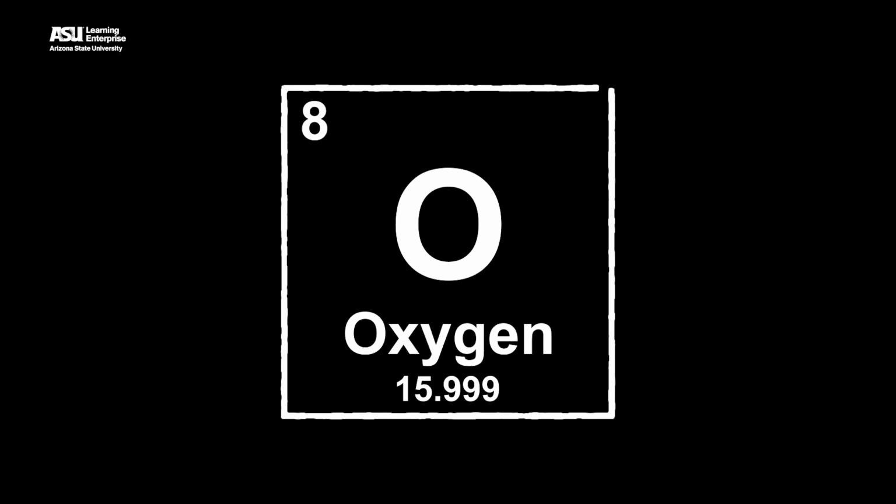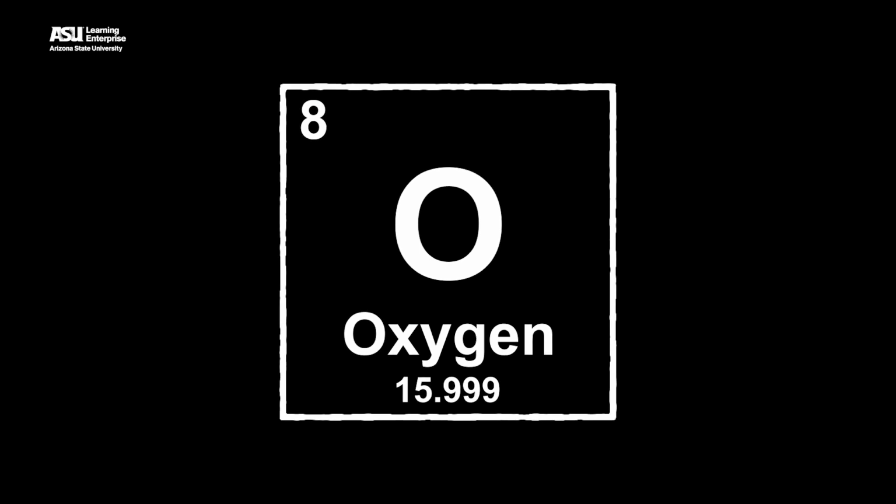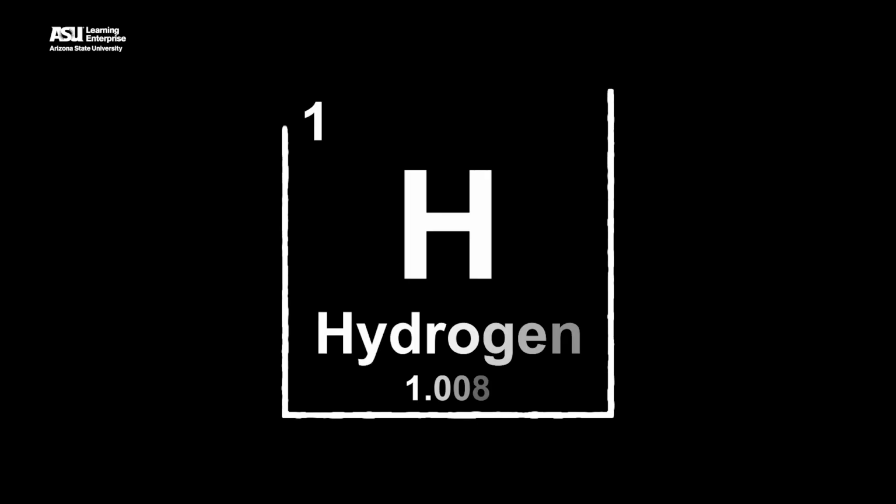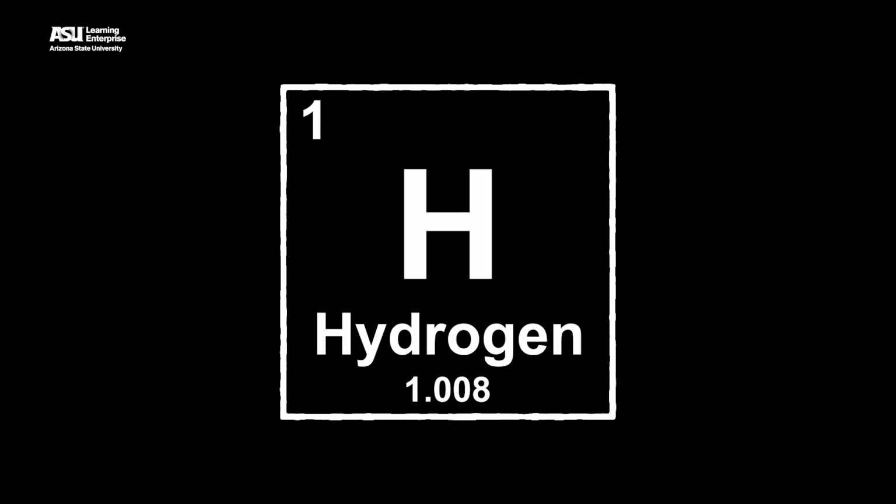For example, the element oxygen, denoted with the symbol O, consists only of oxygen atoms. The element hydrogen, denoted with the symbol H, consists only of hydrogen atoms. The same principle applies to every other element found on the periodic table.